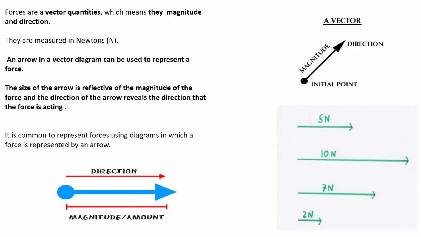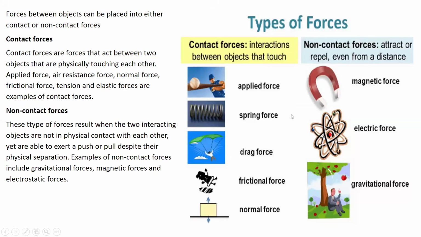It means that when you're describing it, you must say what is the magnitude, what is the direction. 5 newtons to the right, 10 newtons, 10 is the magnitude, newtons the SI units, to the right the direction. You are describing a vector. In physics, forces are grouped into 2 types, and we go on.